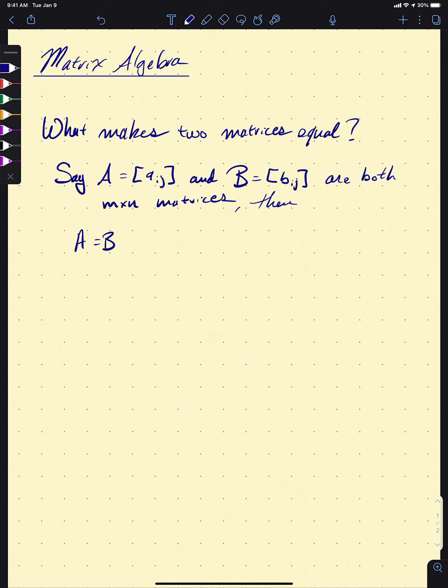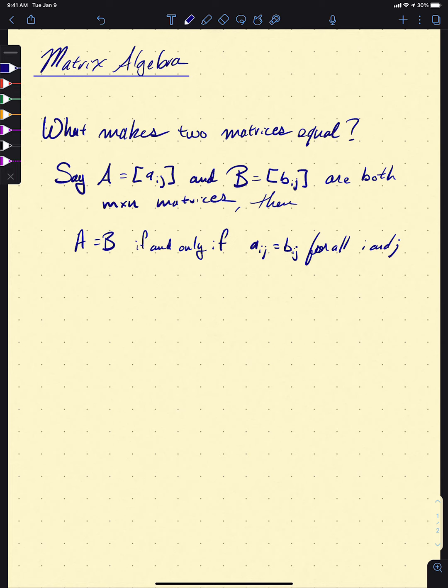So we would say that they're equal if and only if, remember our little double arrow means if and only if, a_ij equals b_ij for all i and j. This definition is exactly what you'd think: two matrices are equal if each of their corresponding entries are equal.